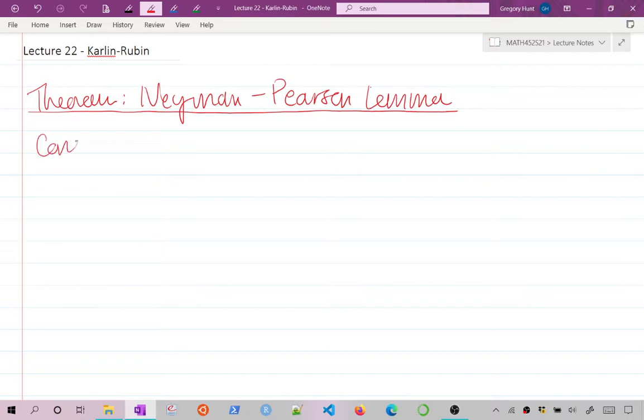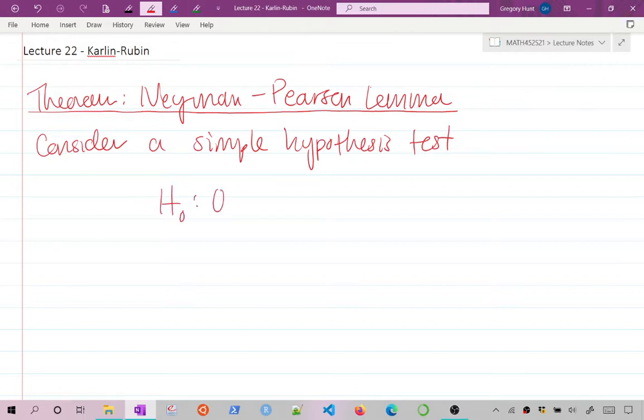So consider a simple hypothesis test, where the null and the alternative both have one outcome. Our null here is H naught, theta is theta naught, versus some alternative H A, theta is, let's call it, theta A.